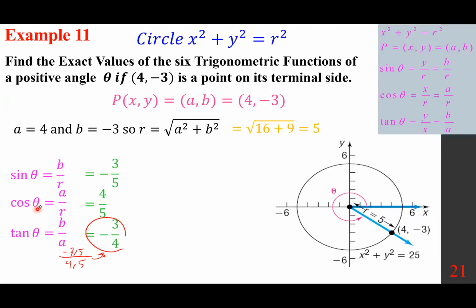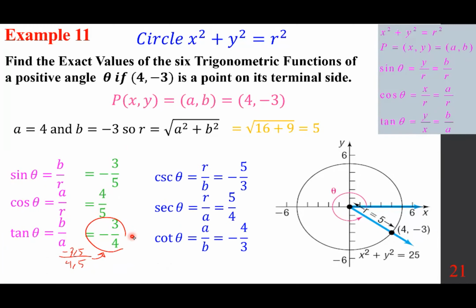Now, what about the rest of it? Here, I'm going to go with cosecant, and it becomes -5/3. Here, I'm going to go for secant, and it becomes 5 over 4. Over here, I'm going to go with cotangent, and it becomes -4/3. All of them are the reciprocals.